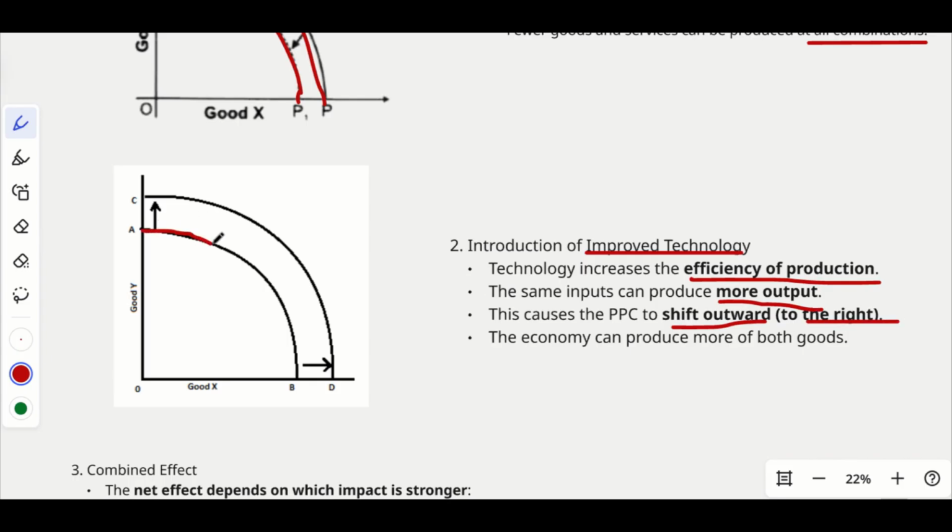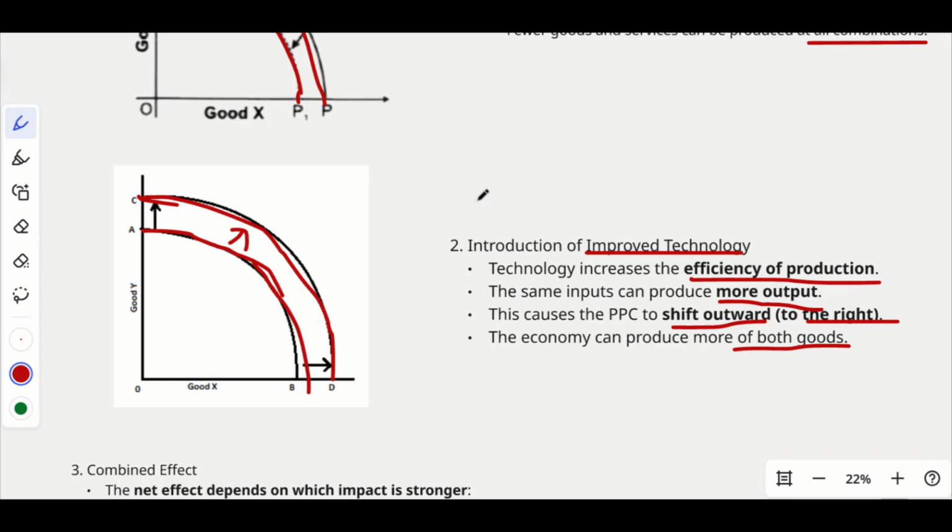So this was the initial PPC curve. Due to the improved technology, with the same resources, now they can produce what? More. So more of good X and good Y can be produced. So the curve will shift outward, and the economy can produce more of both. Here both are occurring at once, right?